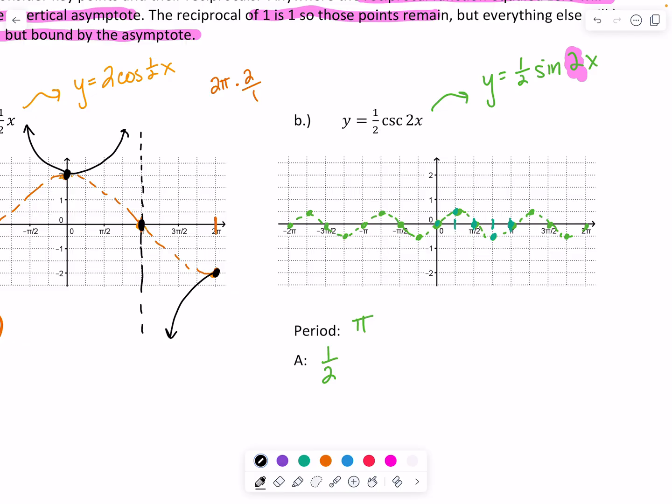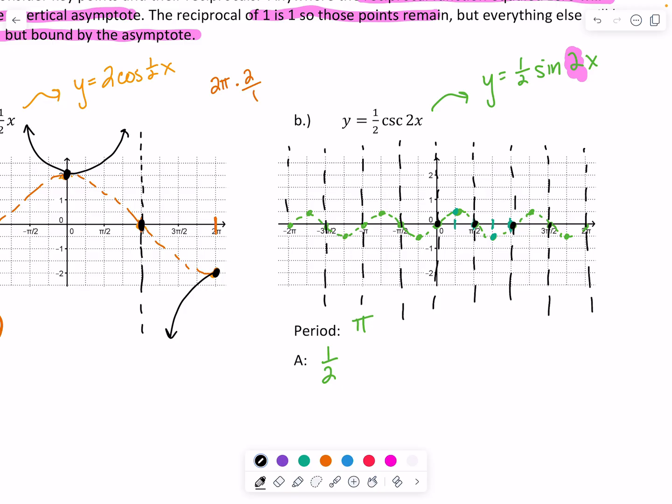The reciprocal of sine. So again, anywhere my sine graph hits 0, I'm going to have vertical asymptotes. So I have lots of vertical asymptotes along this cosecant function. Anywhere my sine equaled 0.